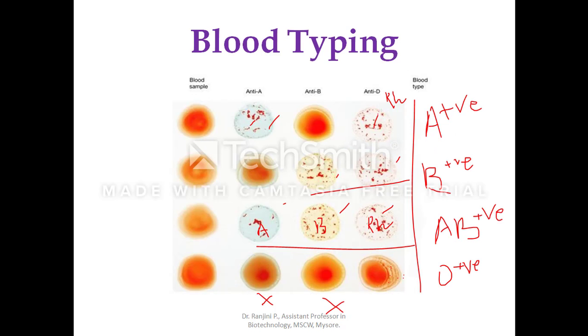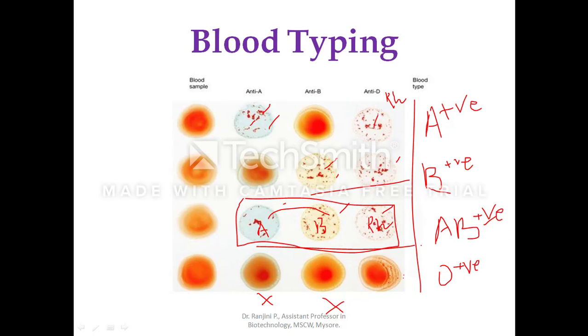So this is regarding blood typing. Here you will find the antigen in A, so it is A positive, antigen in B, so it is B positive, antigen both in A and B, so it is AB positive, and only in D then it is O positive. Based on the presence or absence of the antigen, the blood group can be classified as universal acceptor or universal donor.